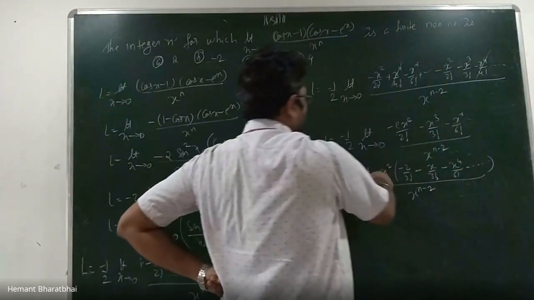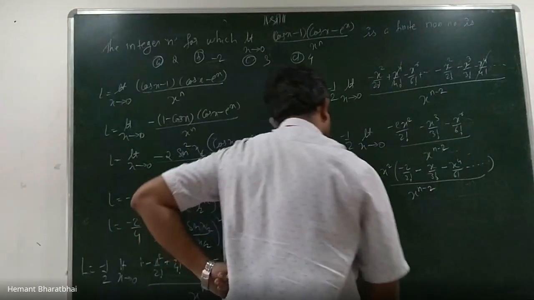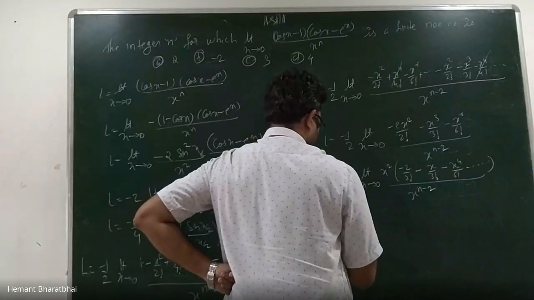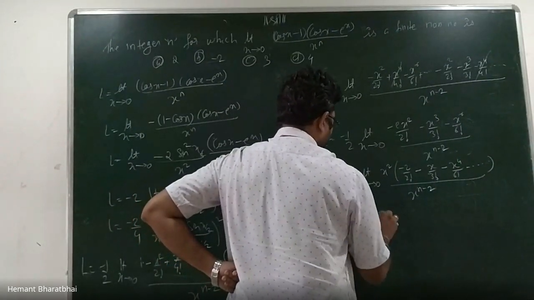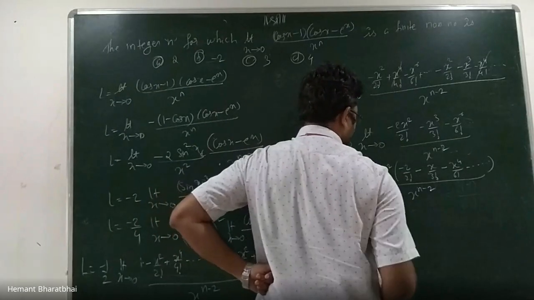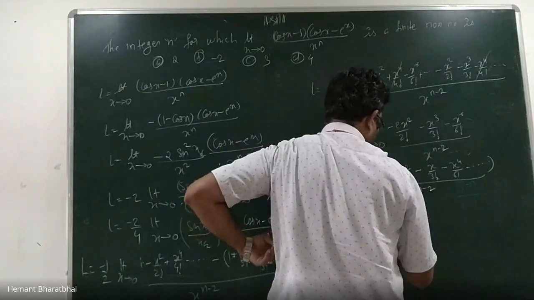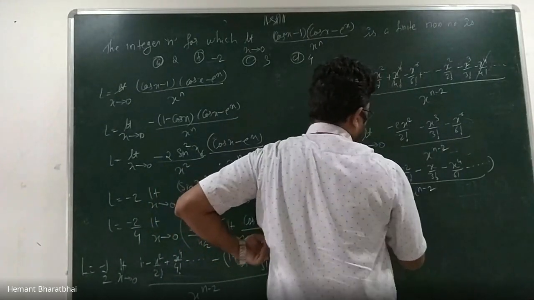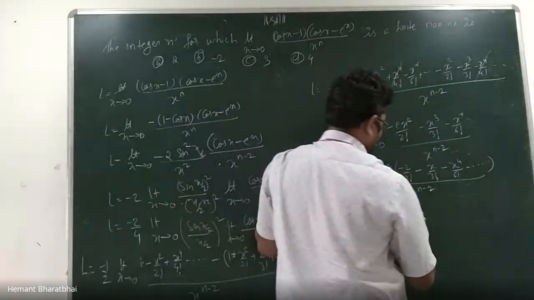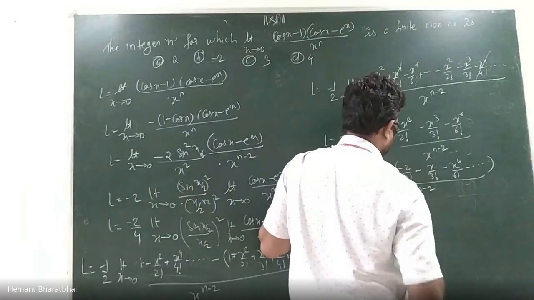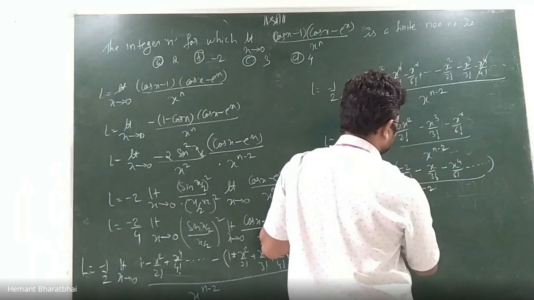So now if I want to cancel this x square, I get minus 1 by 2, limit of x tends to 0, x square, and here 2 factorial is 2 into 1.